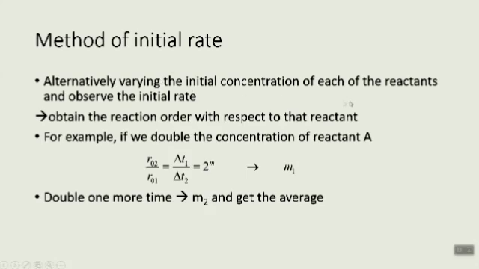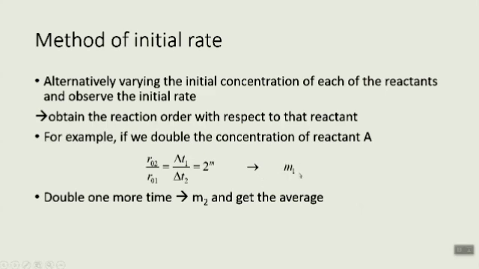For example, if we double the concentration of reactant A and compare the initial rate, the rate is inversely proportional to the time taken, and we can obtain the exponent m1.